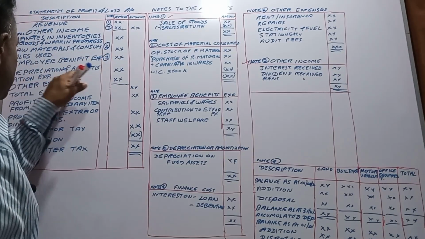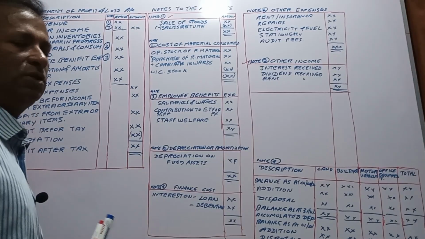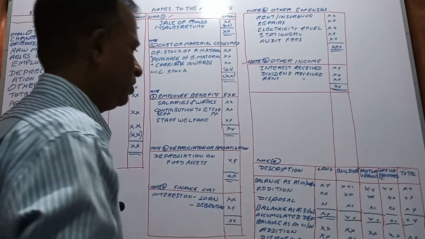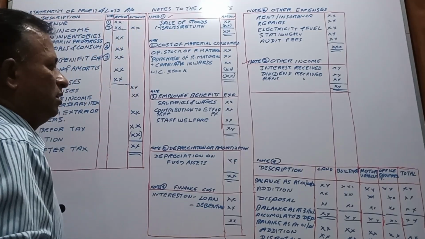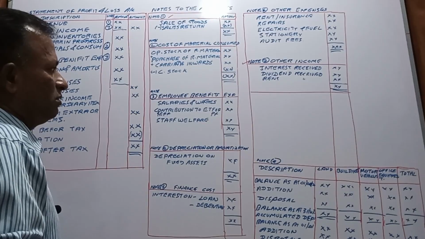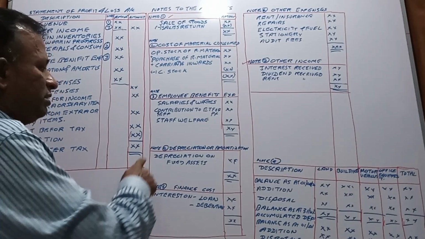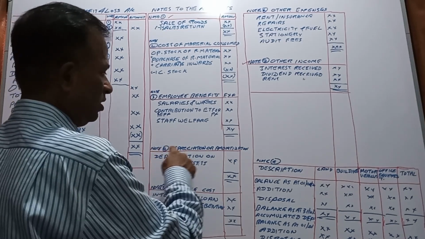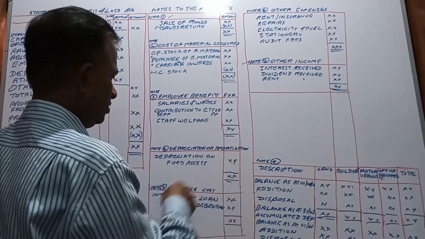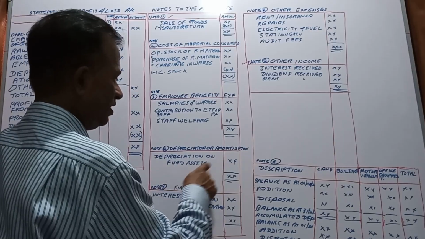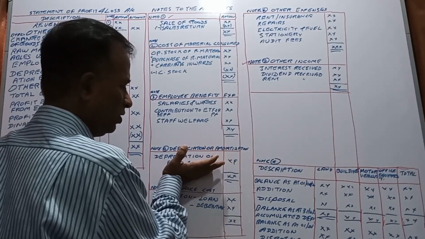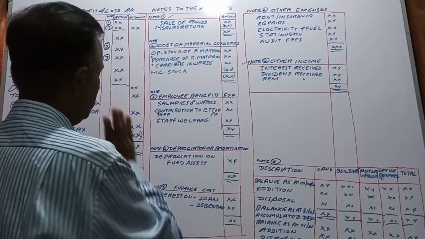Next one is depreciation and amortization expenses. We can open a note here: fourth, depreciation or amortization, depreciation on fixed assets. You can calculate the depreciation individually and put it there.